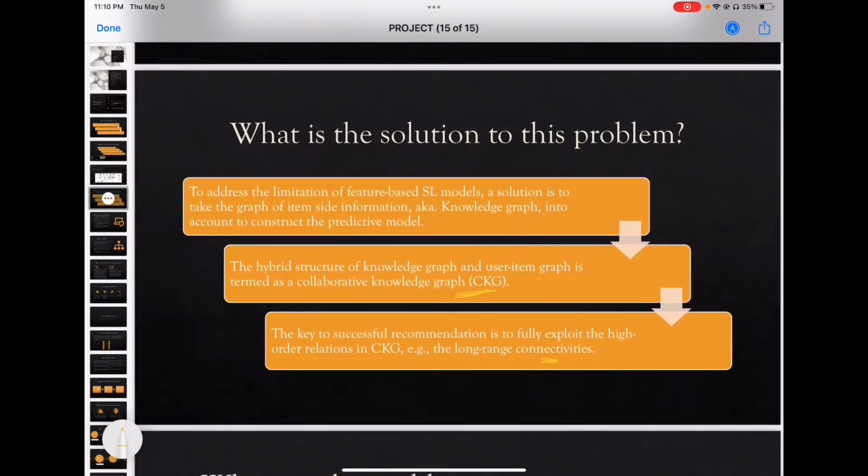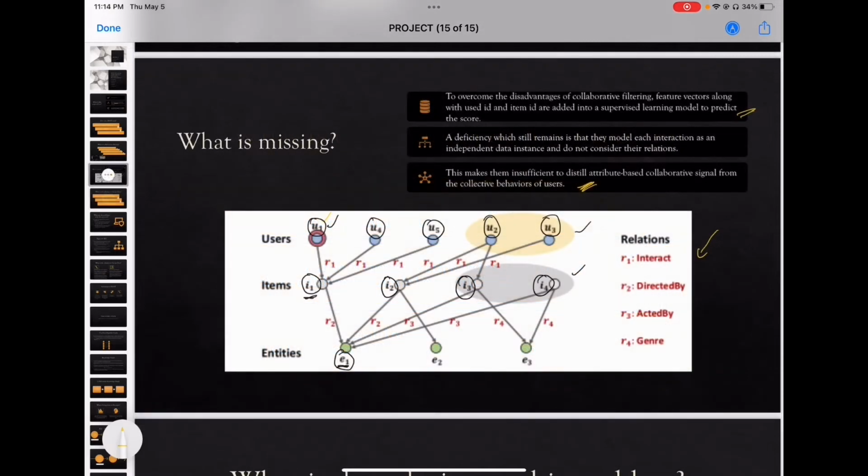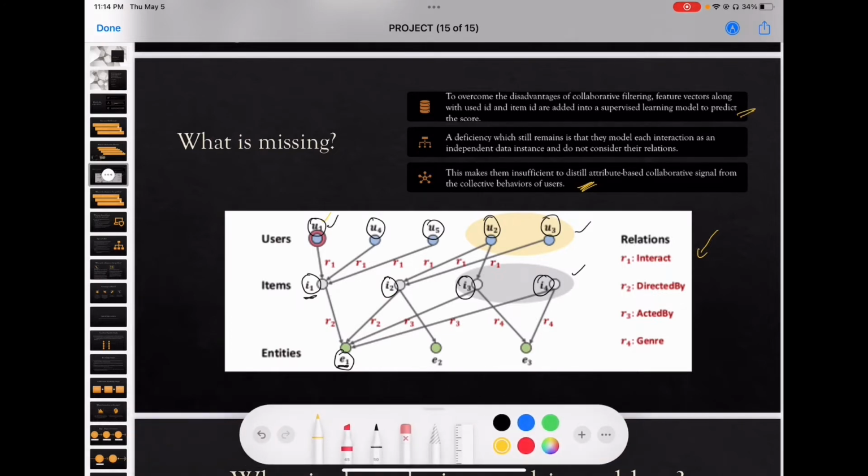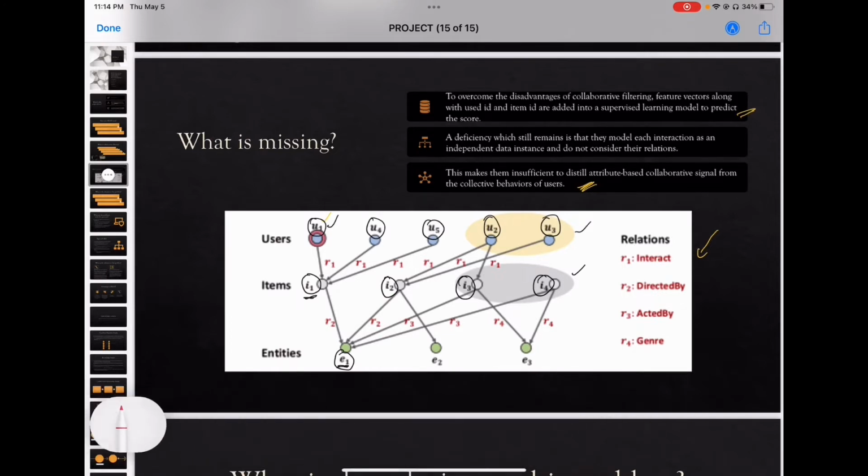Example, long range connectivities. So essentially, the way to the yellow and gray circles are given as follows. You first go from user 1 to I1 and I1 to E1 using relations R1 and R2, and you go from E1 to I2 using relation R2 and I2 to user 2 and user 3.